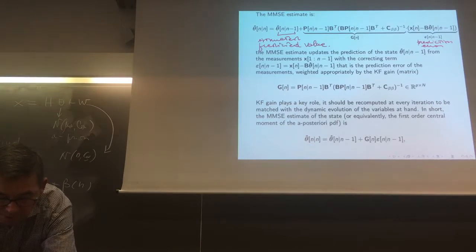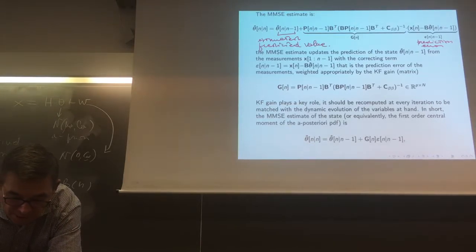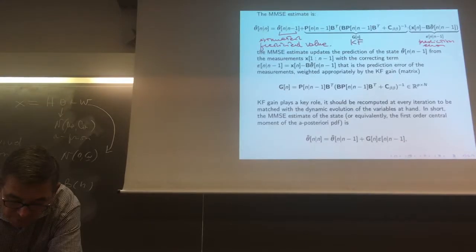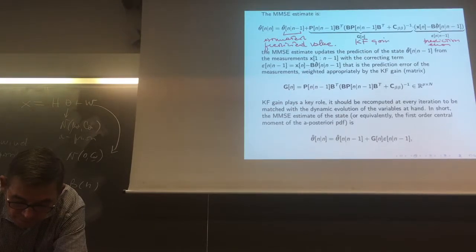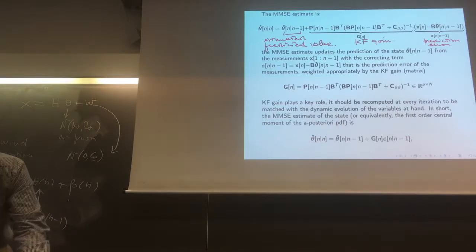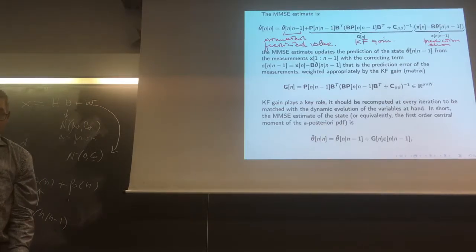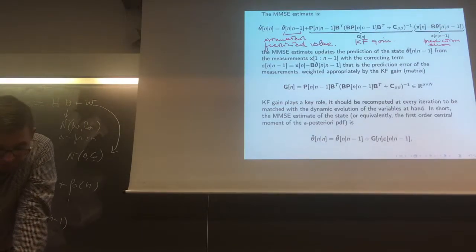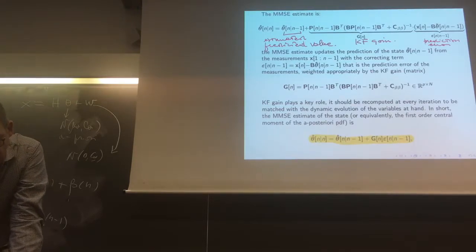Multiplied by a gain. This one is called the Kalman filter gain. So writing in a compact way, the update is simply given by that.